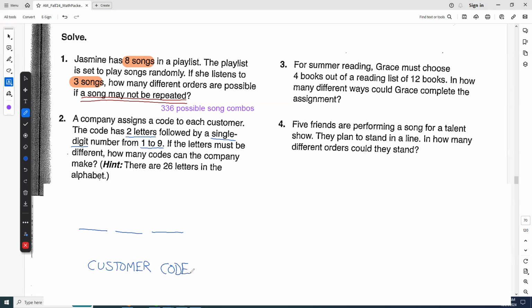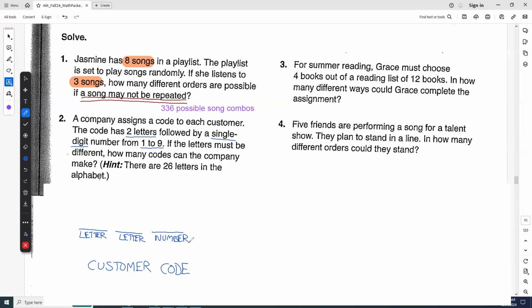And the code is letter, letter, number. Okay. So does everyone see how the code is creating kind of our little slots here, right?